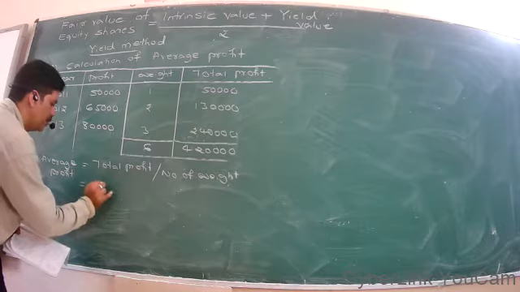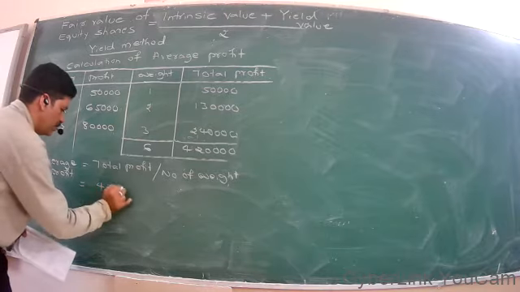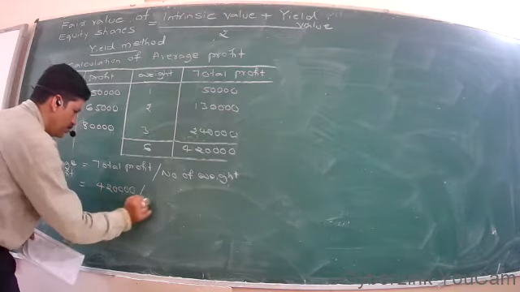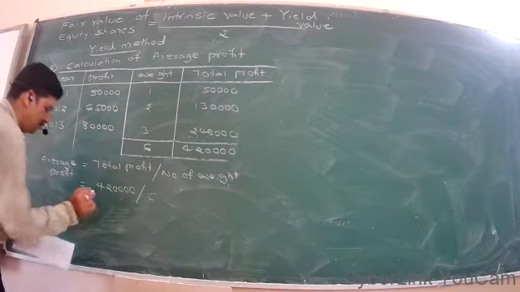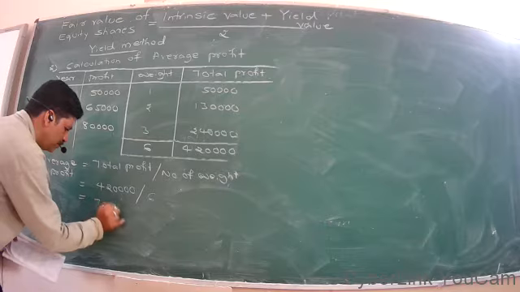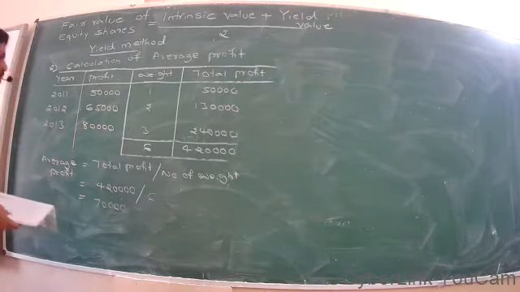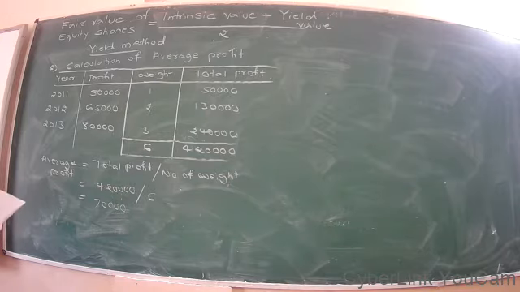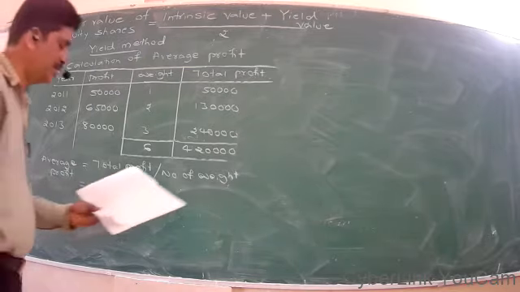So total profit 4 lakh 20,000 divided by 6 is 70,000. So 70,000 is the average profit.